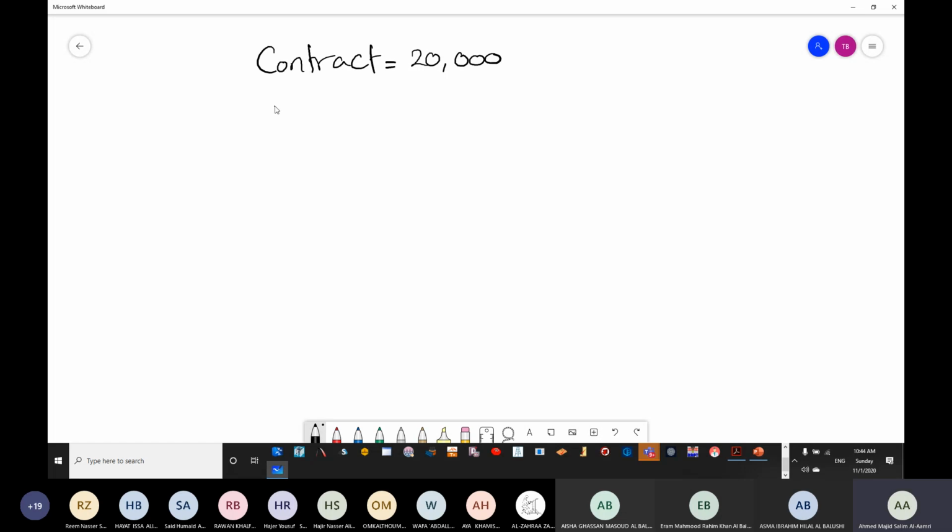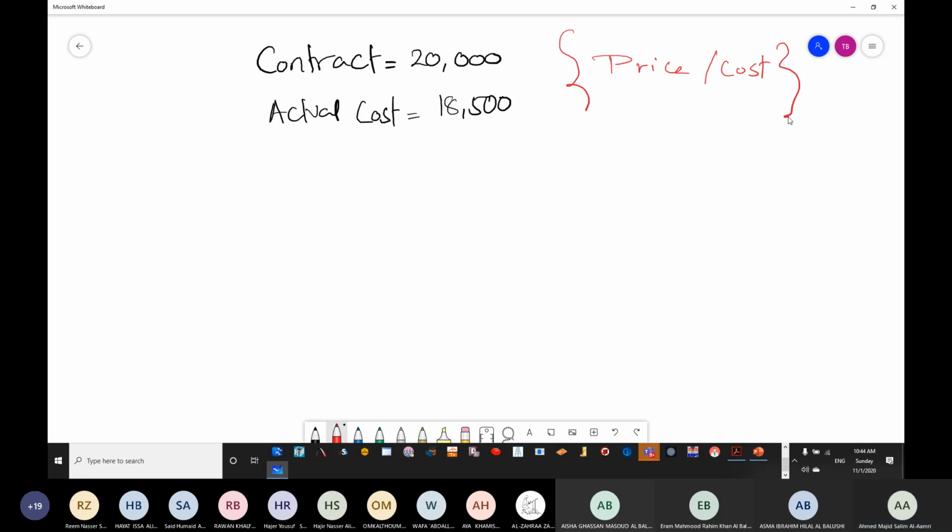Now the actual cost was 18,500. Before we go, did I explain for you the difference between price and cost? I think I did, right? We said price is going to be with profit, cost is going to be without profit, right?